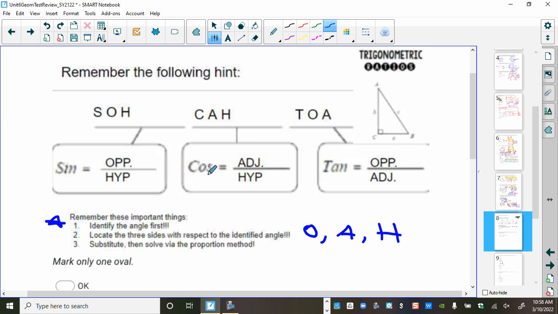Because remember, it'd be sine, cosine, tangent. Remember, you put your angle value, whatever your angle is. But identify your angle, locate your 3 sides, and then solve with the proportion method. Questions before we go on?